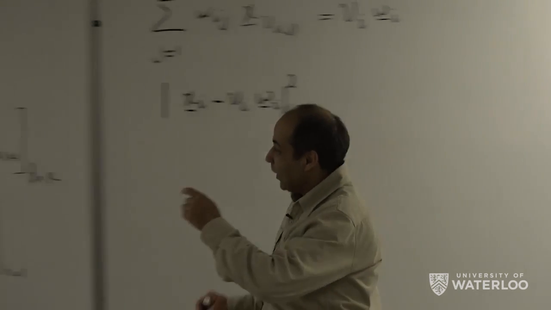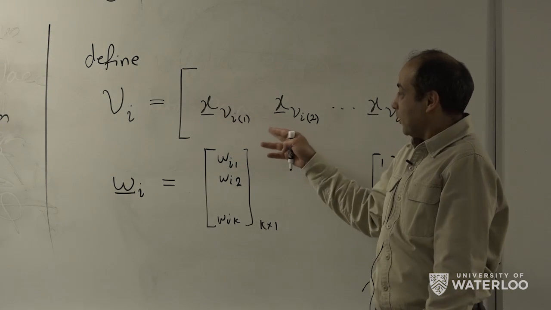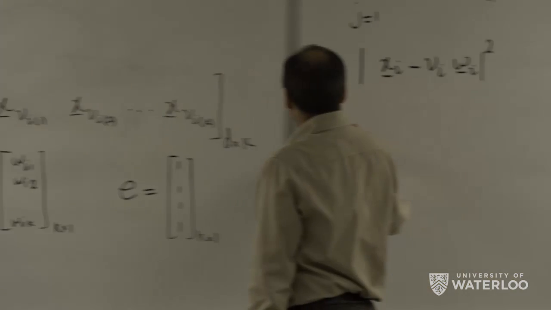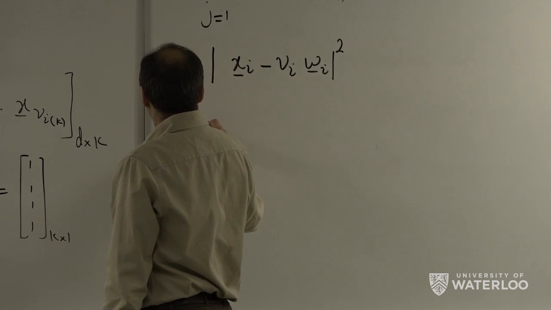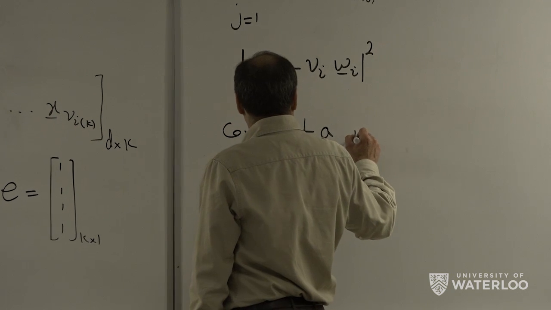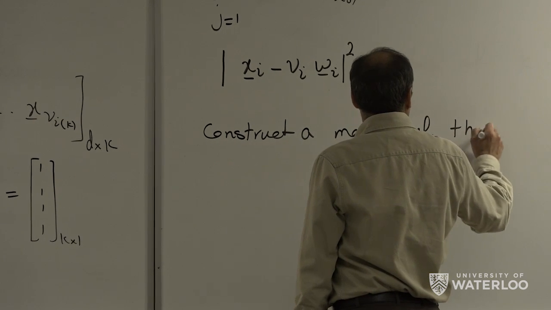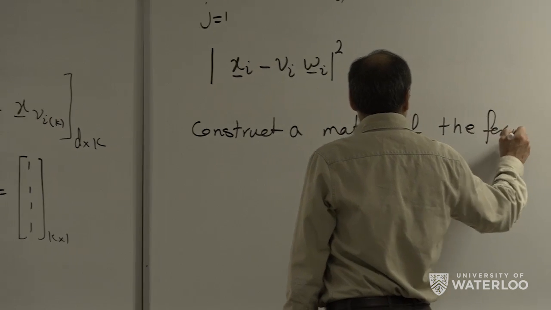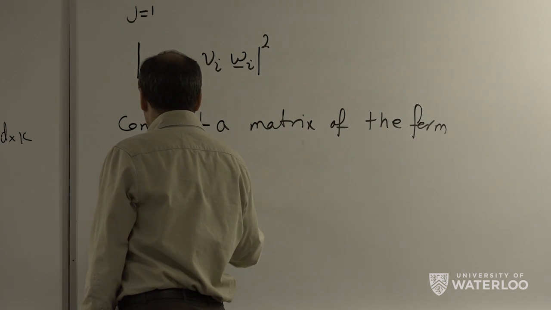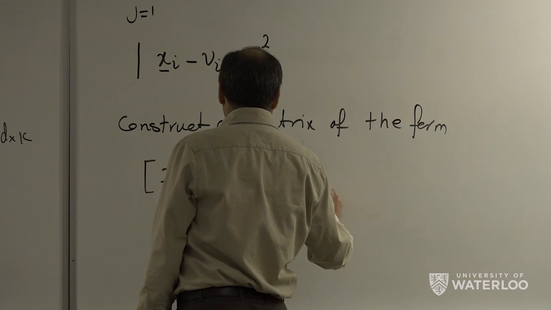Similar to this matrix that I had, which was d by k, constructed of all neighbors of xi, I'm going to make a matrix of this form: xi, xi, ..., xi, d by k.